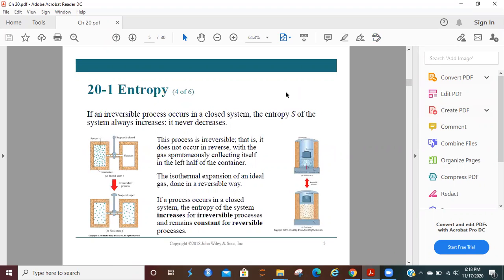Okay, so if an irreversible process occurs in a closed system, then the entropy, which is written as capital S, of the system always increases. It never decreases. So let's take a look here.